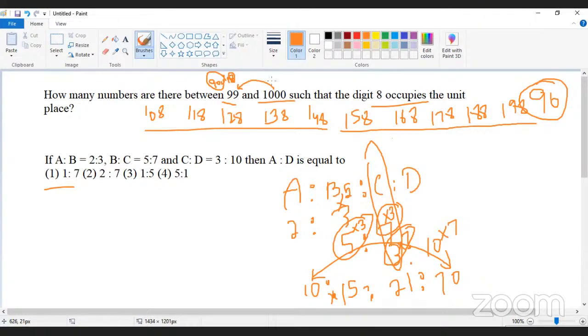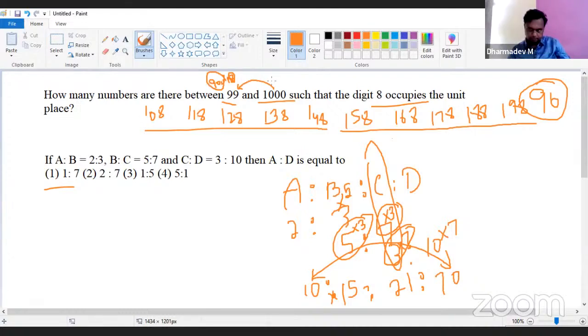Sir, I have a question. Yes, please. From geometry, sir. Yes, Dilip. Sir, there is a question in the chat, about the length of the tangent.